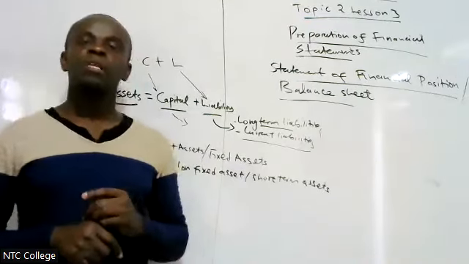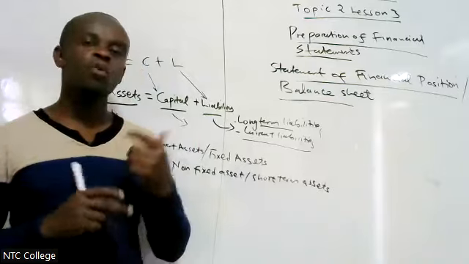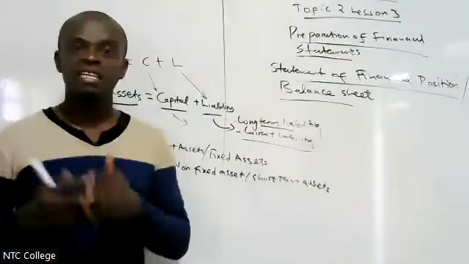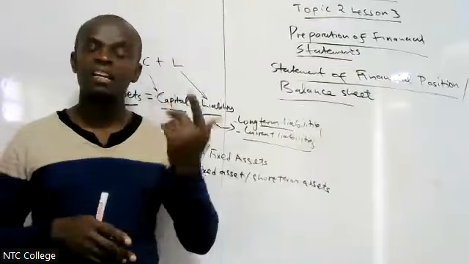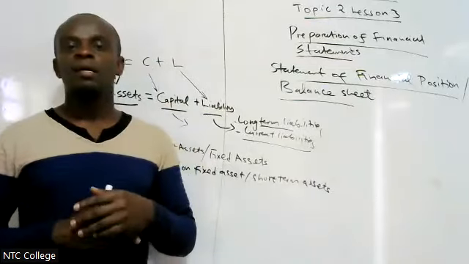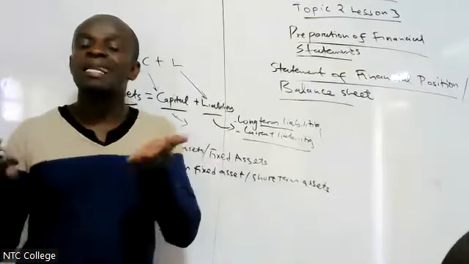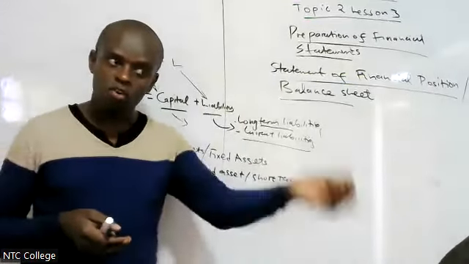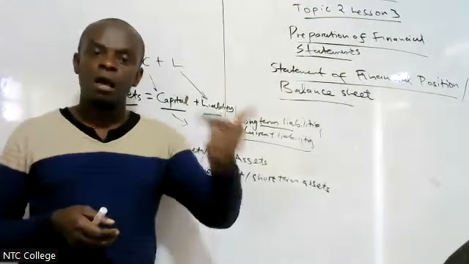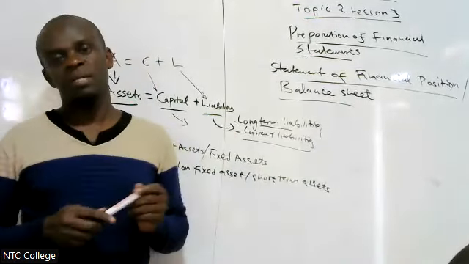But again, if that business is owing rent, the business has not paid its rent, and the landlord wants the money to be paid. Is that a long-term or a short-term liability? If you are owing someone rent for your own business premises, how do you categorize that one? Yes, Millicent?